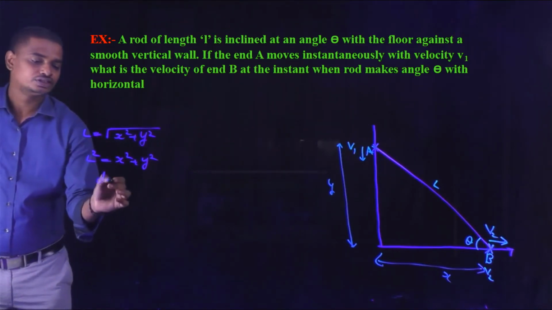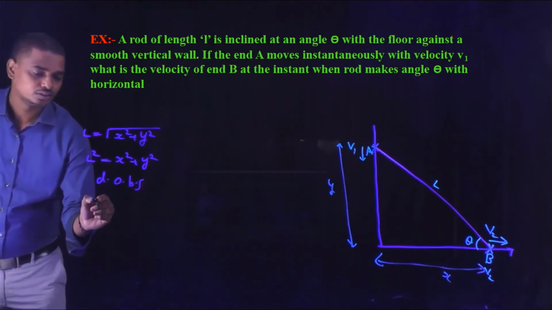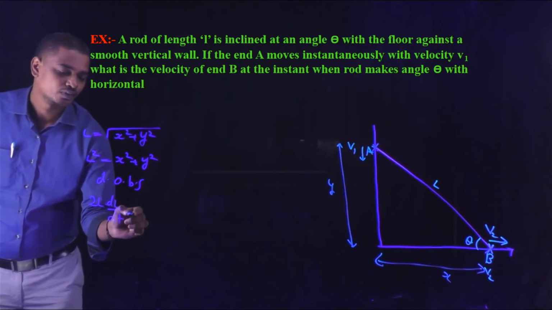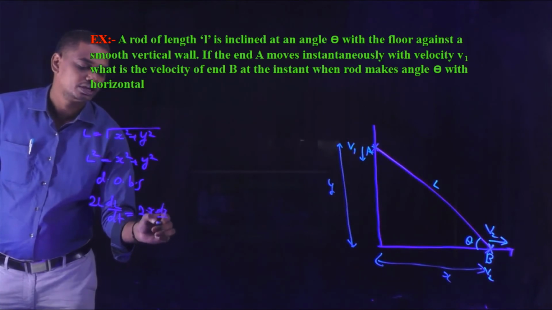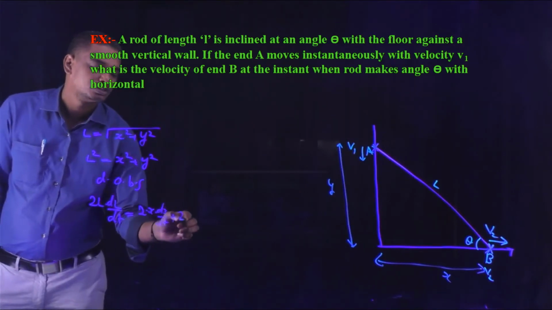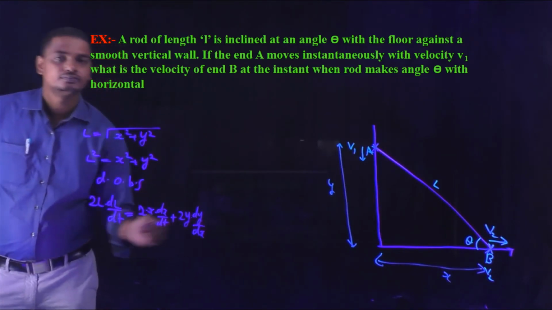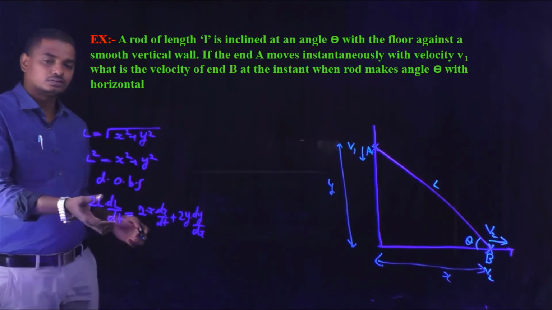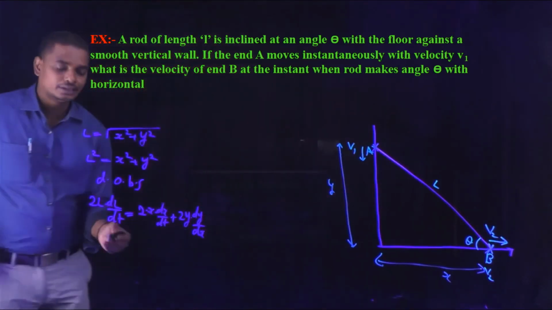Differentiating on both sides, 2L into dL by dt is equal to 2x into dx by dt plus 2y into dy by dt. Okay, as we know that the length of the rod does not change with respect to time, dL by dt is equal to 0.